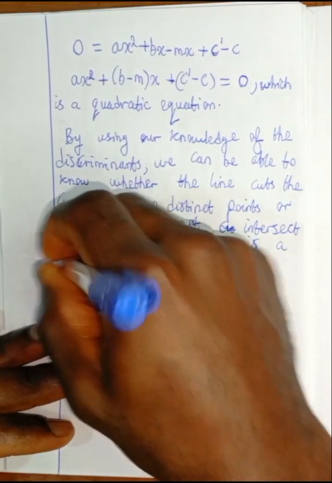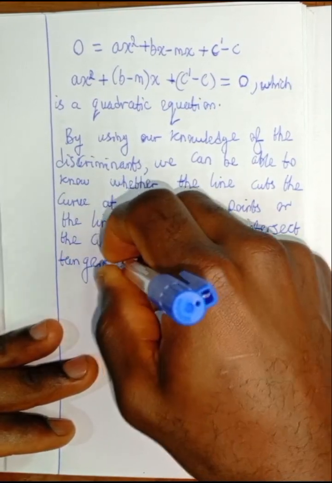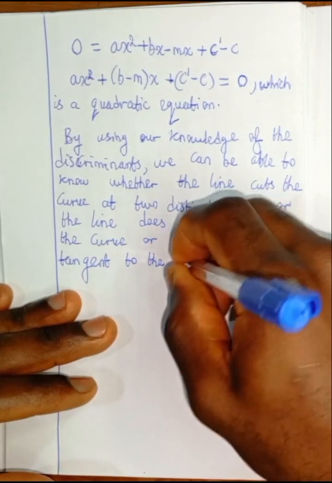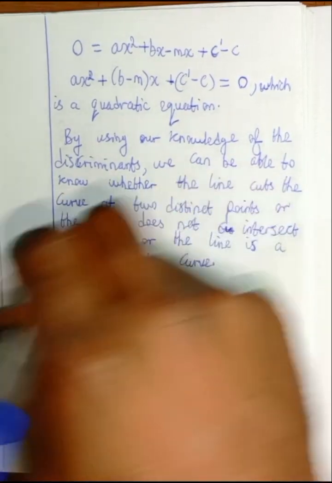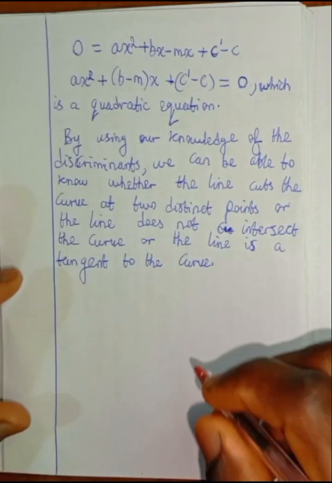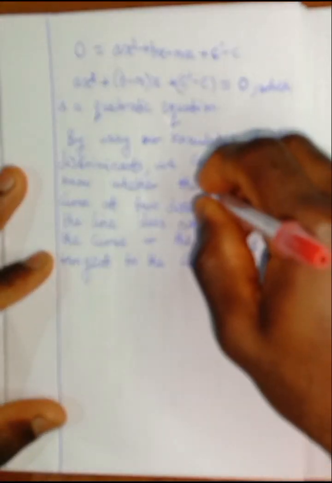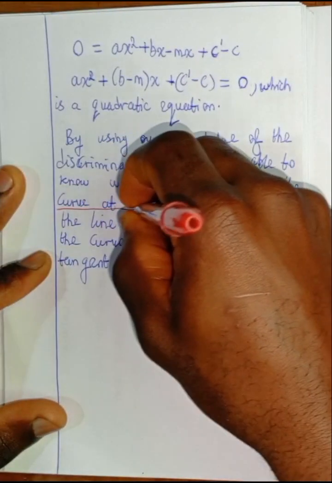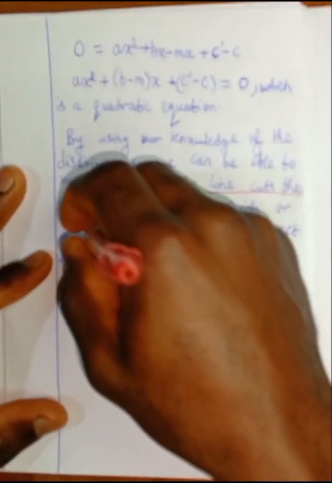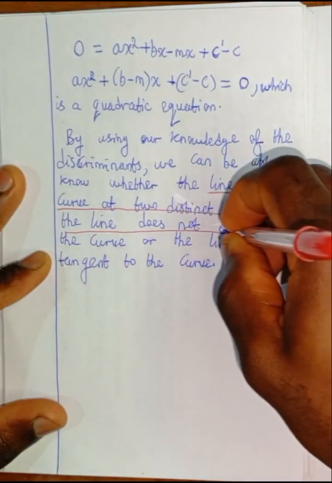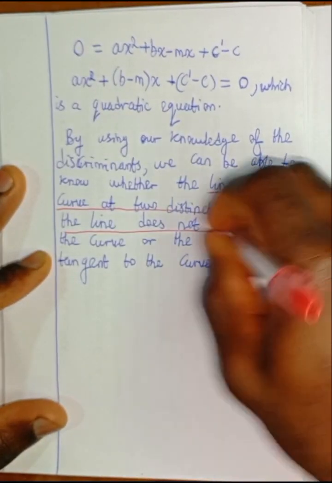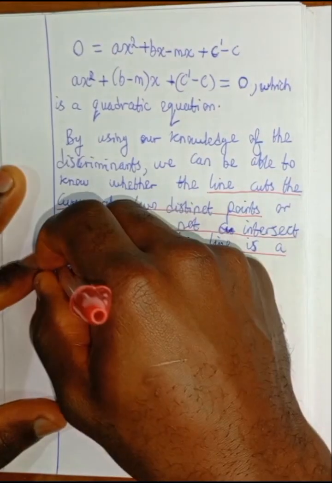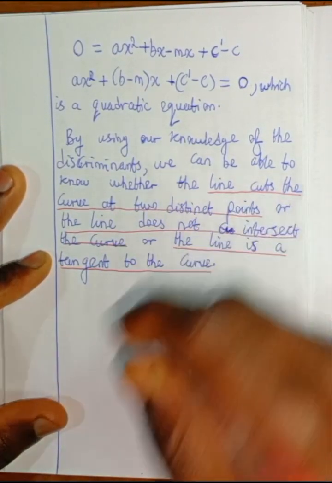That means it touches the curve at one point, tangent to the curve. We underline this, they are very important. The line cuts the curve at two distinct points, or the line does not intersect the curve, or the line is a tangent to the curve.